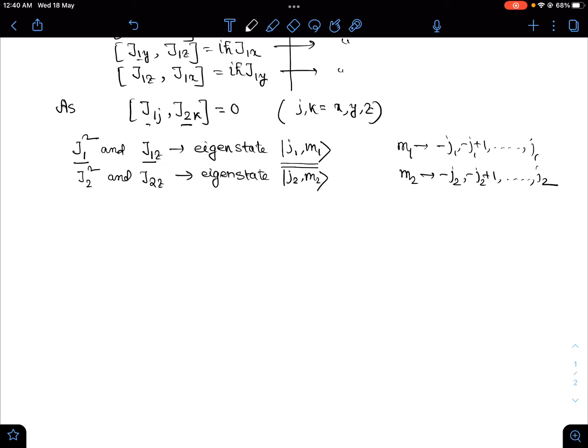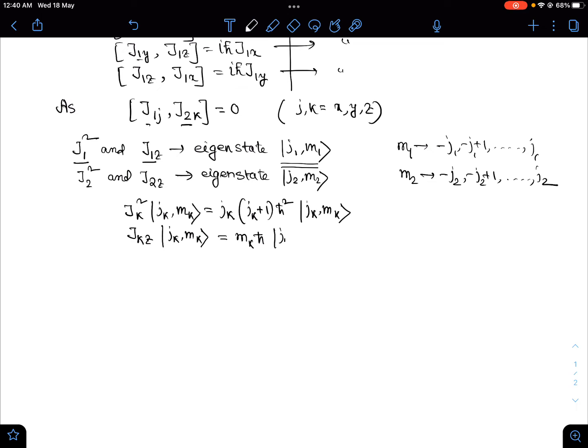Formally we can write Jk squared |jk mk> equals jk(jk+1) h-bar squared |jk mk>, and Jkz |jk mk> equals mk h-bar |jk mk>, where k can be 1 or 2. k=1 is for the first subspace and k=2 is for the second subspace.